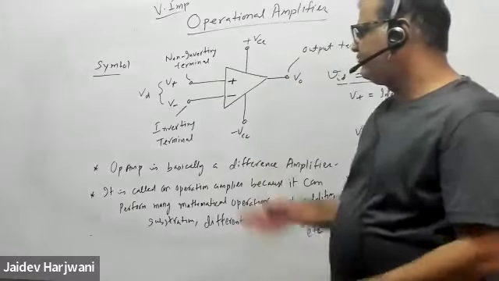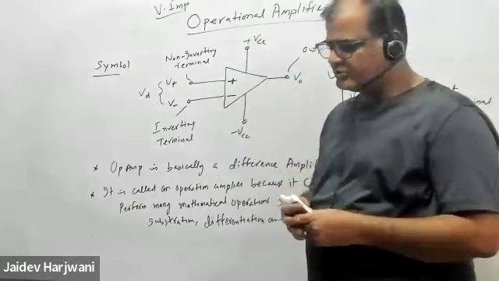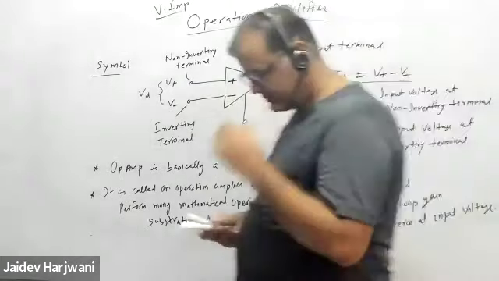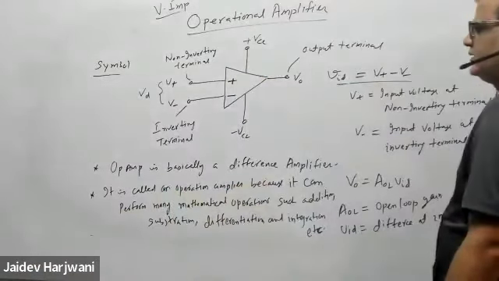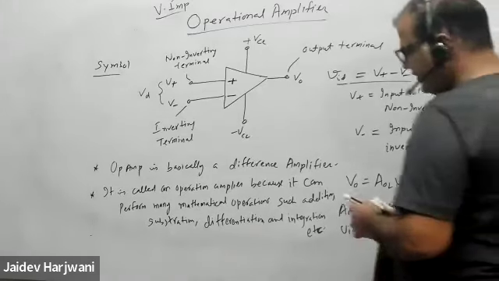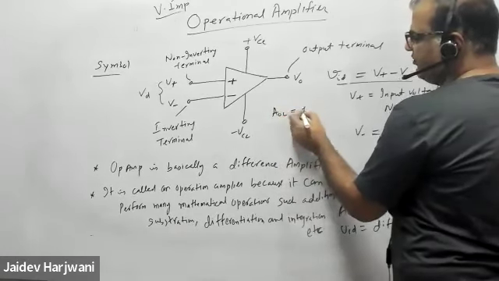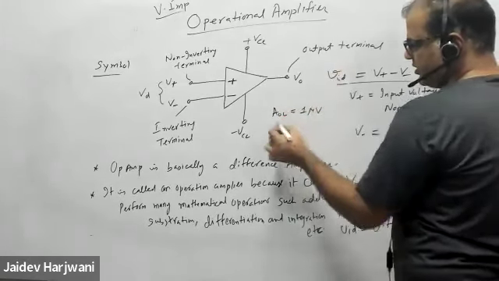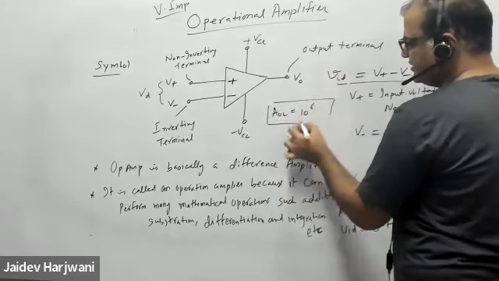Now if you are applying 1 microvolt here, suppose the open loop gain is 10 raised to power 6. Then what will be the V output? For example, I am assuming my AOL is 10 raised to power 6.